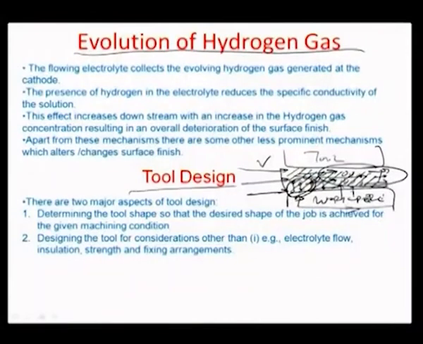So, there are two major aspects when we talk about ECM. One is of course the tool design, and another is the flow design, the system of flow. The tool design is important because of two reasons. One is that the tool shape so desired is exactly the negative replica of the shape that you want to embed or imprint onto a surface.